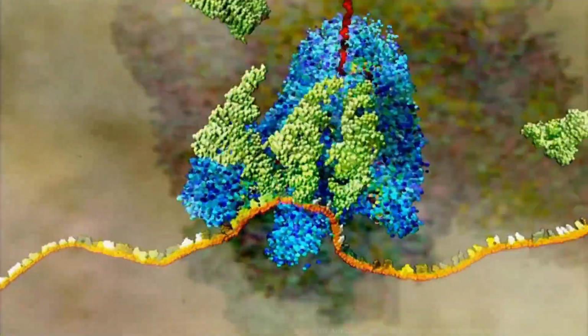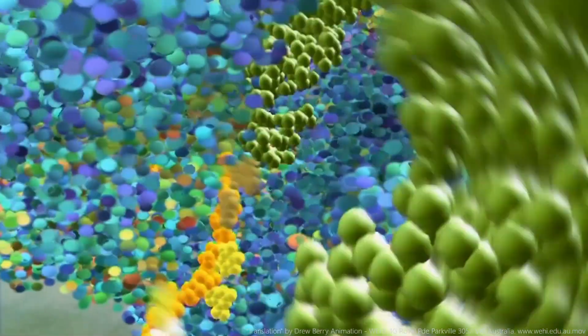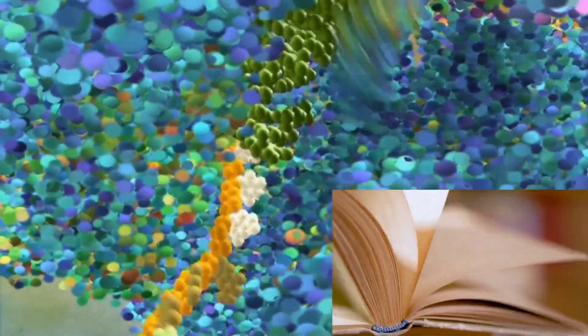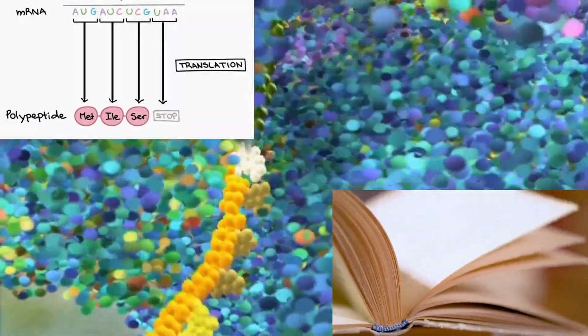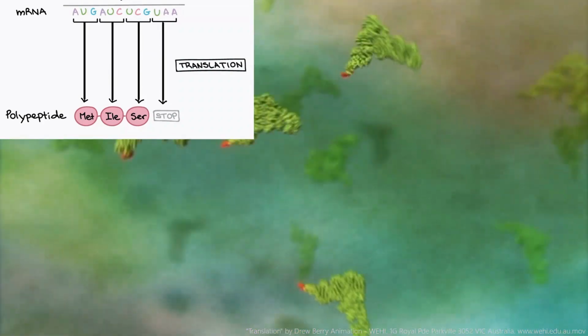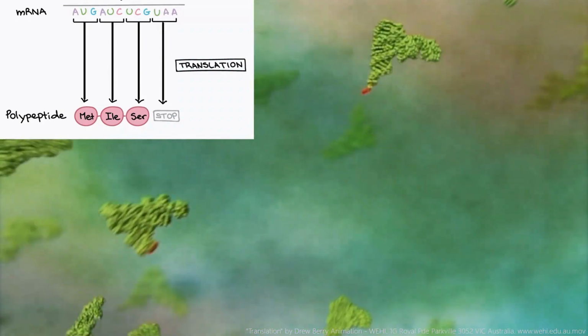And then the ribosome reads the mRNA one codon at a time, as a baker would read the recipe one step at a time. Each codon corresponds to an amino acid, just like each step in a recipe refers to a specific ingredient. All right?